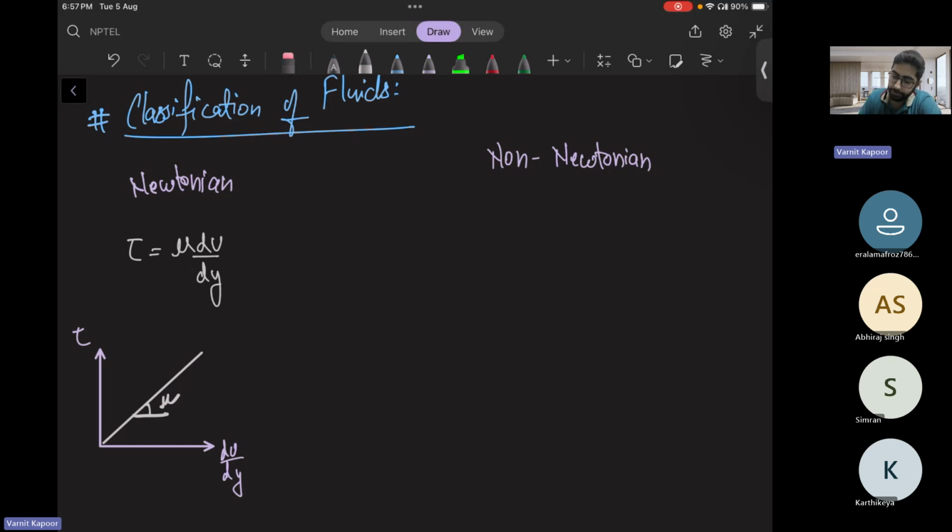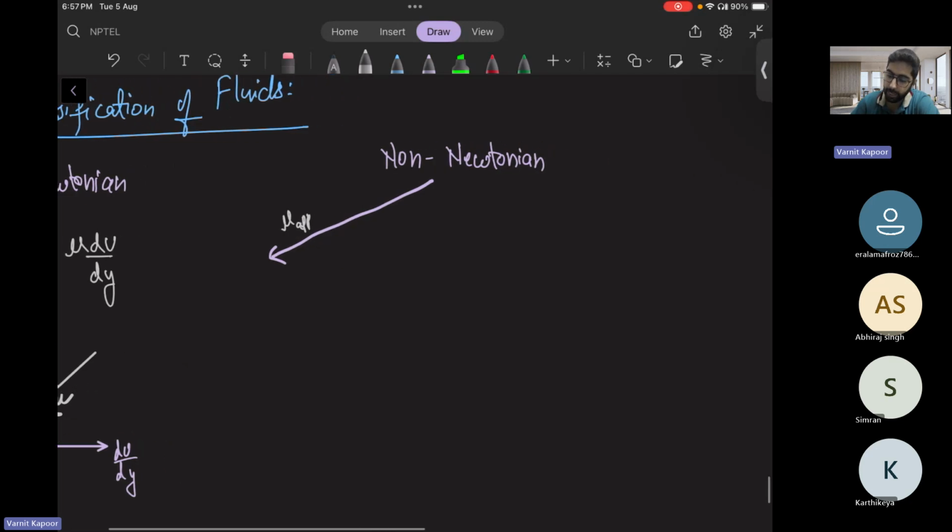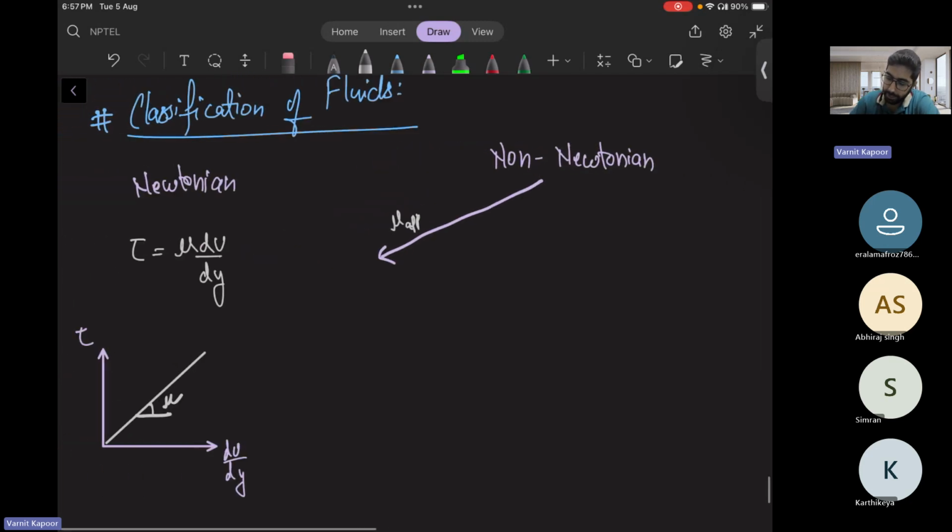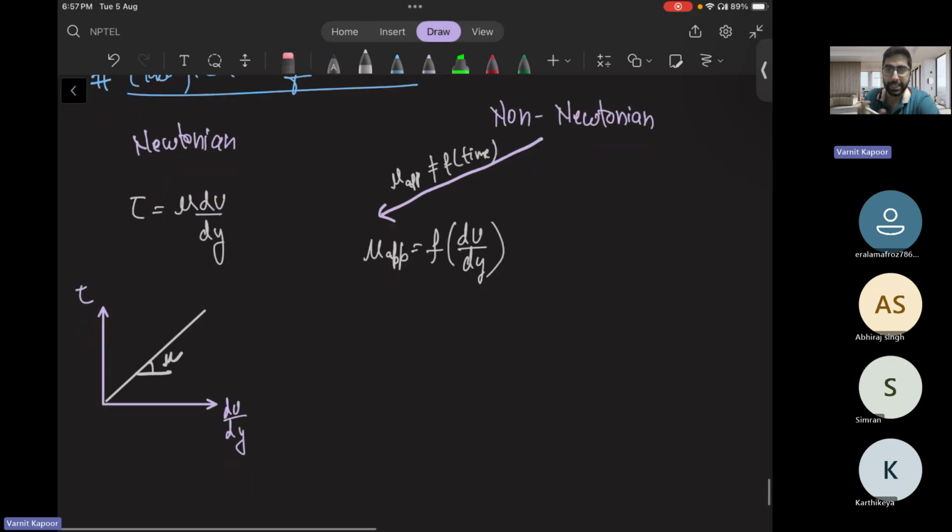First is the one where the viscosity, I am saying apparent viscosity, I'll tell why I'm saying this. Mu apparent is not a function of time, but is a function of the gradient of velocity du by dy. And these can be classified into three: dilatant, pseudoplastic, and Bingham plastic, or ideal plastics.